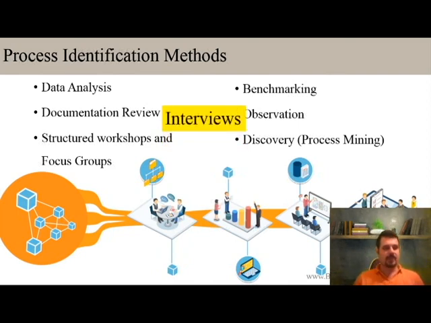And the other method is interview. In my opinion, interview is the best way to distinguish processes, especially for designing process architecture, and it can help us distinguish tasks in detail.